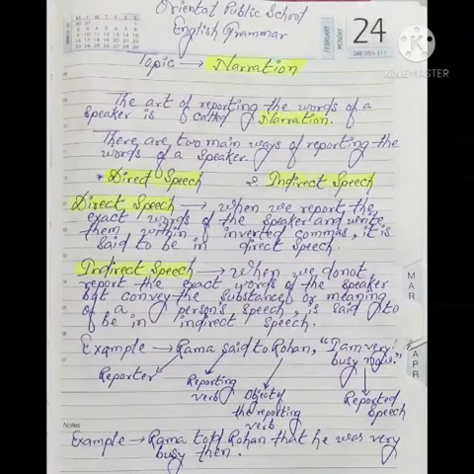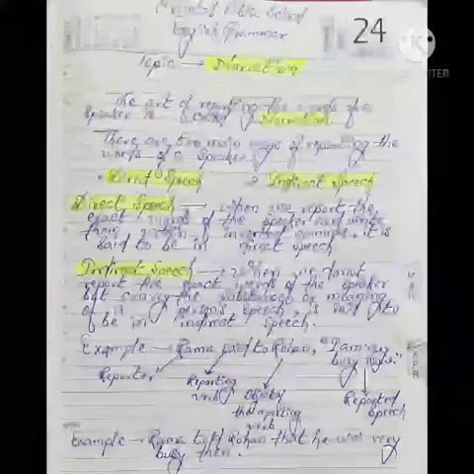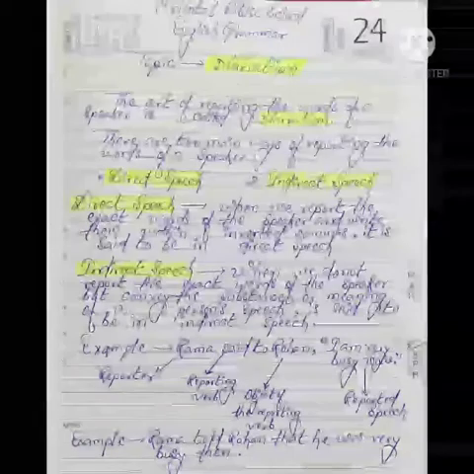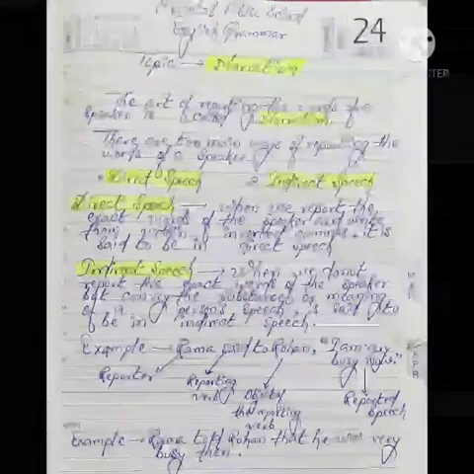Now let's try to find out the definition of narration. Narration is the art of reporting the words of the speaker. It is an art of conveying the substance or meaning of a person's speech. There are two ways of reporting the words of a speaker, which are direct and indirect.